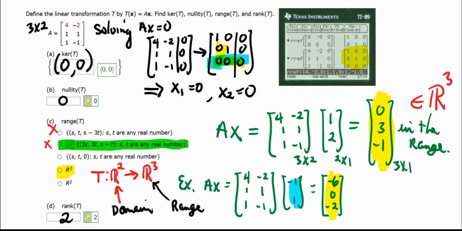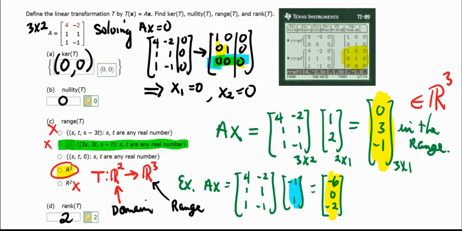So that's why I say what I say, that is this guy here. I'm circling the wrong thing. Okay. Now R2, if they asked for the domain, they didn't ask for the range. R2 would be it, but they didn't ask for that.